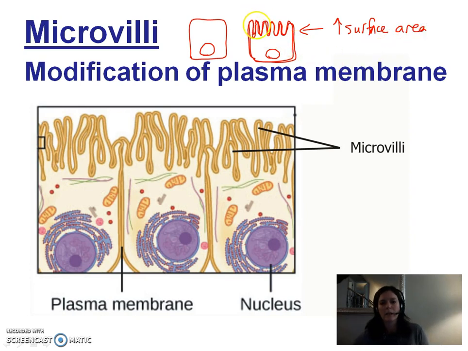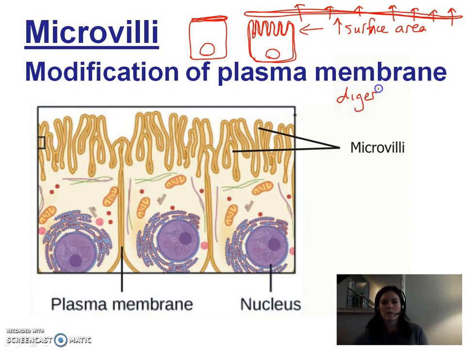If you take the length of that plasma membrane compared to this one, so this would be the length of that plasma membrane, well, if you stretch this one out, it might be this long. So if you have transport happening across that plasma membrane, you have a lot more space for this transport to occur. And that's a really important thing, especially in places like the digestive tract, where you have absorption of nutrients happening.